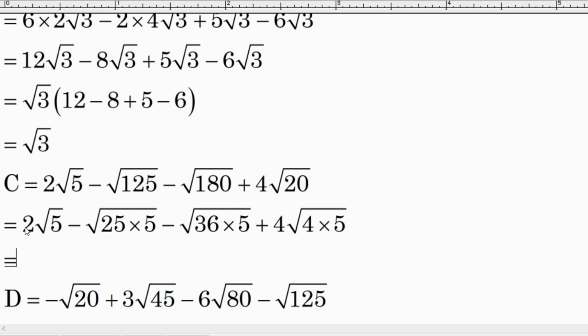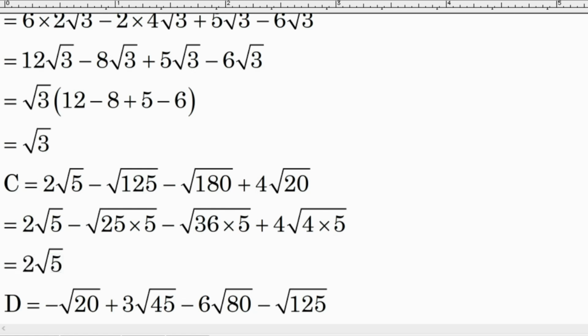Okay, so then we keep this still the same, which is 2 square root of 5, and then minus, so 25 here will give us 5 square root of 5, and then minus, so 36, which is equal to 6 square root of 5, and then plus, so we have 4 here, and then times 4 under the square root here, which is equal to 2, so that will be 4 times 2 square root of 5.